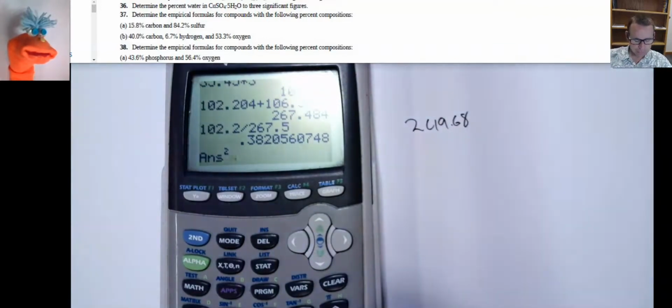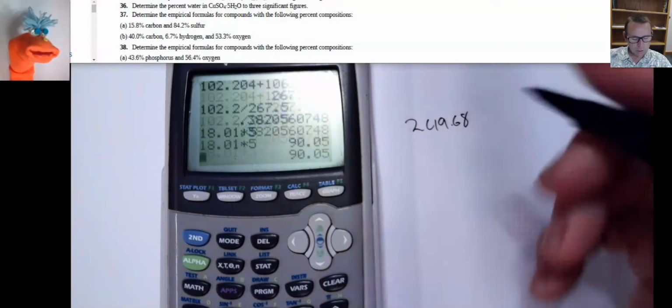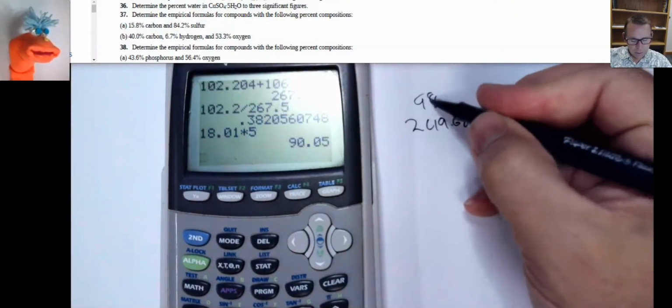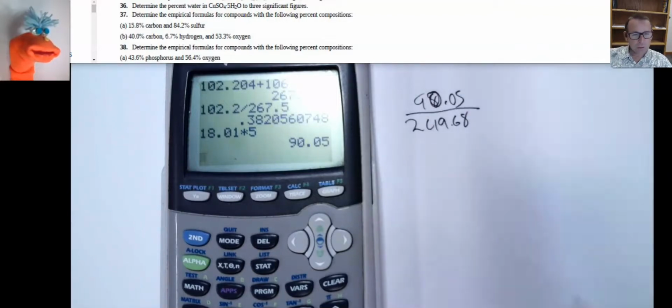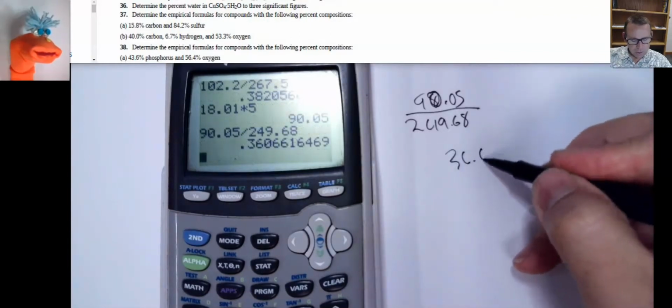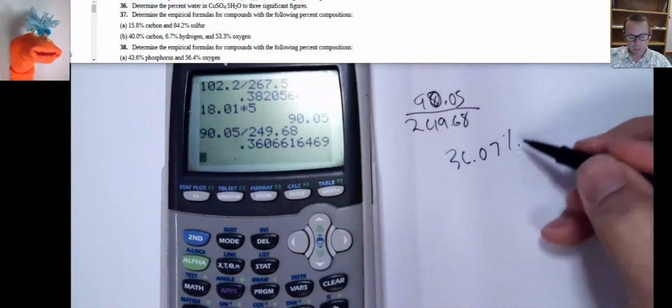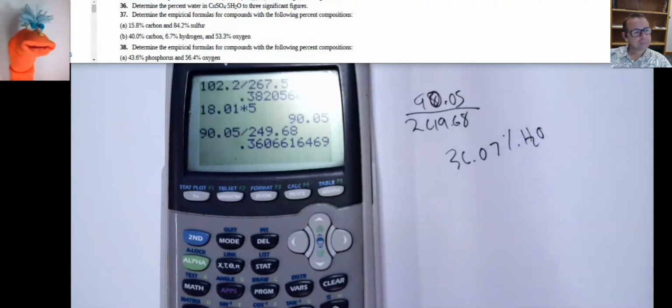Water is an inorganic, transparent, tasteless, odorless, and nearly colorless chemical substance, which is the main constituent of Earth's hydrosphere and the fluids of all known living organisms. That's a good definition. So we got 90.05 divided by our total mass, 249.68. Okay, so we got 36.07% water. Okay, that was easy because copper sulfate was on Google.